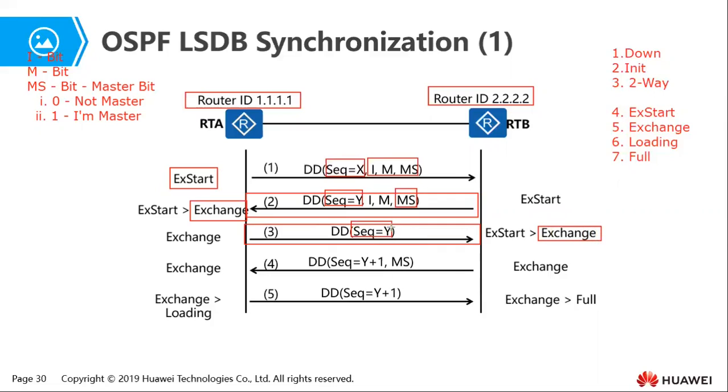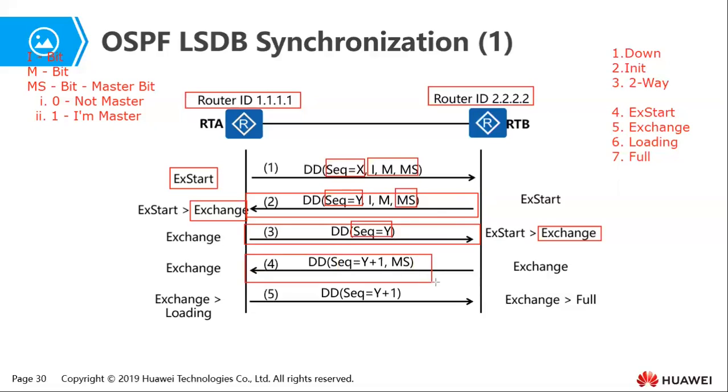And now you can see that from henceforth, RTB is going to be the master. So now, in the exchange state, the routers are exchanging the link state summary information with the neighbors.